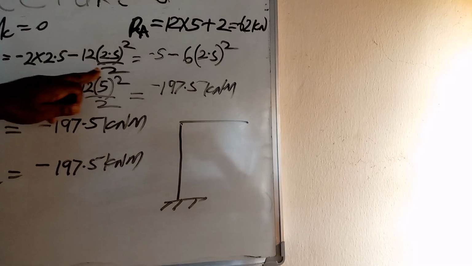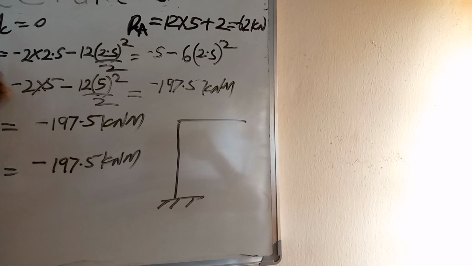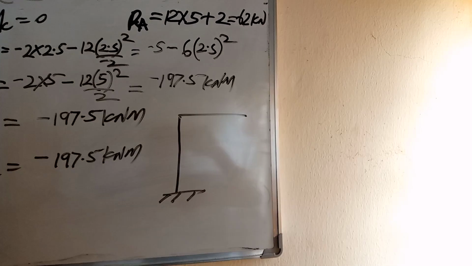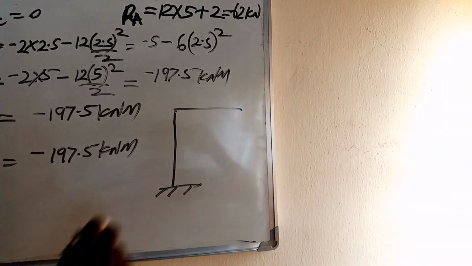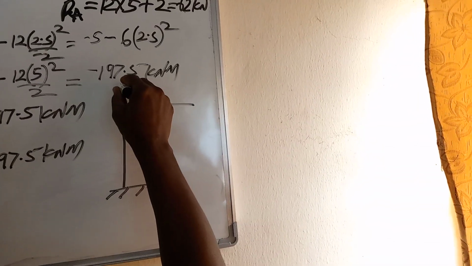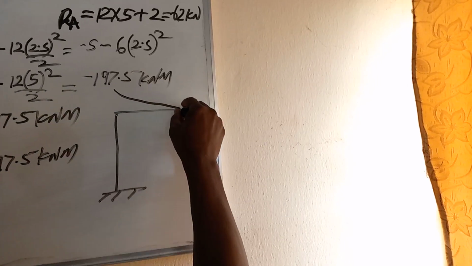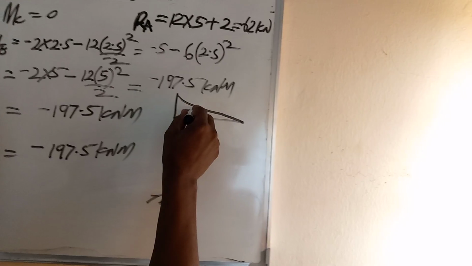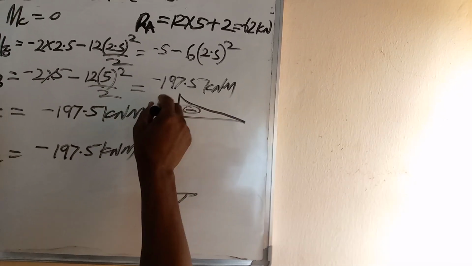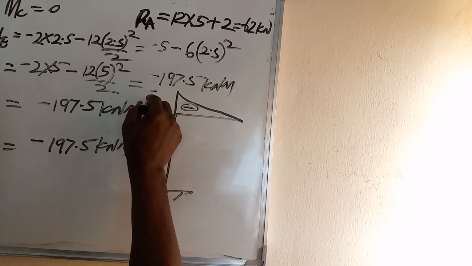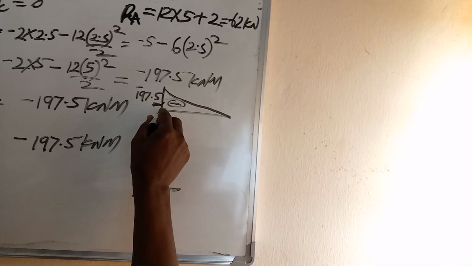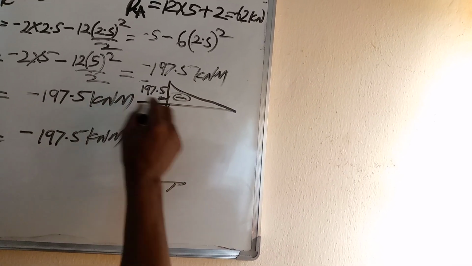And you see the equation of moment at point E up to B is quadratic, and as such, the graph will be a curve. It's a quadratic function. The graph is a curve. Negative 197.5 kilonewton meter. So that's at point B.